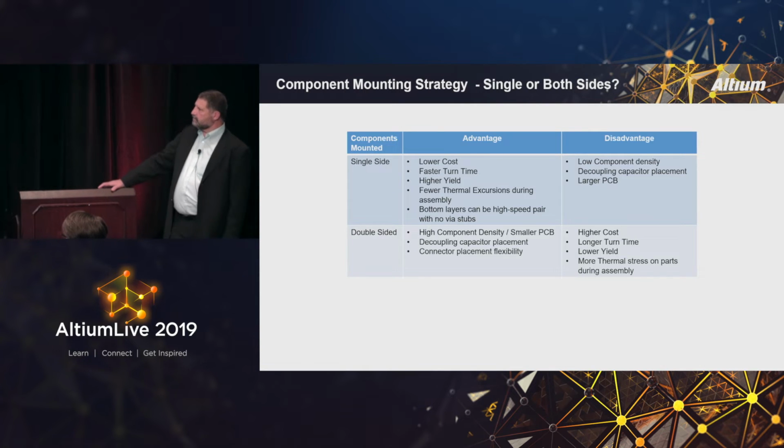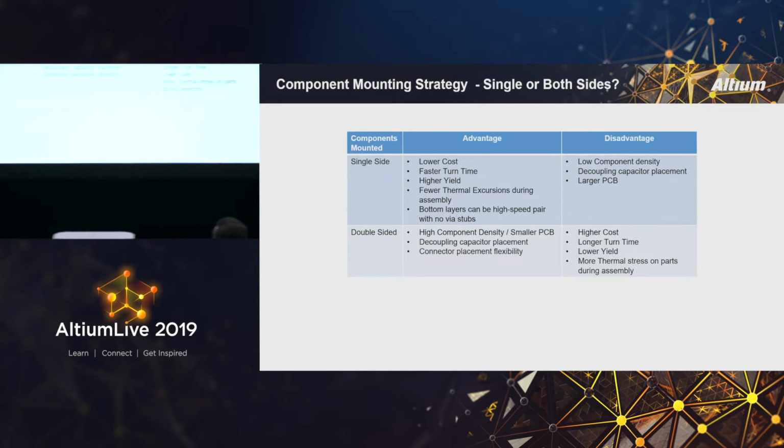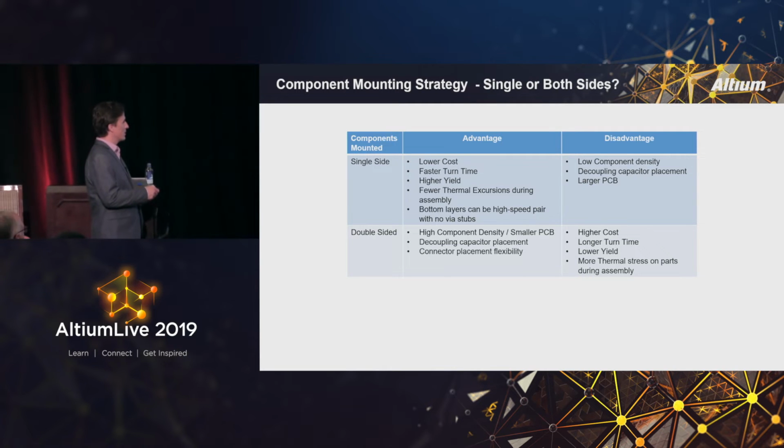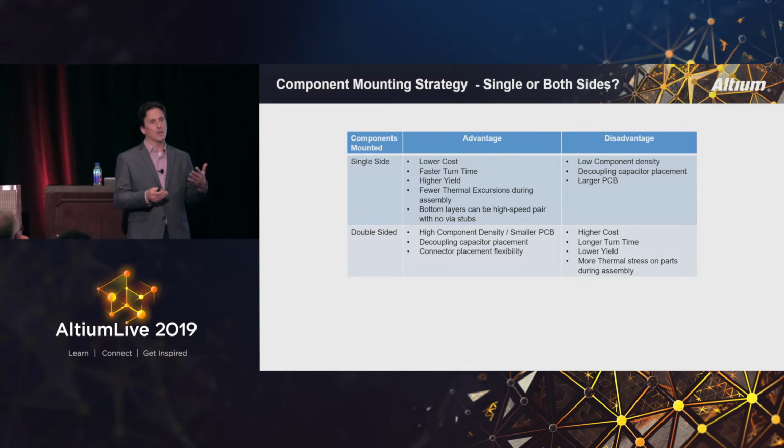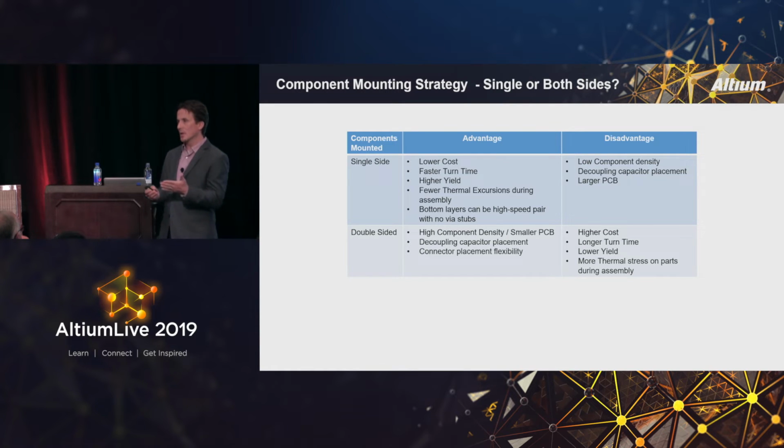And I threw one in here, and I just want to see if people understand this, but this one right here. You could do this with components on both sides of the board, but this is a little bit of a trick in your stack up. If you want a high-speed signal without a stub, you can bring it out to one of your external layers.